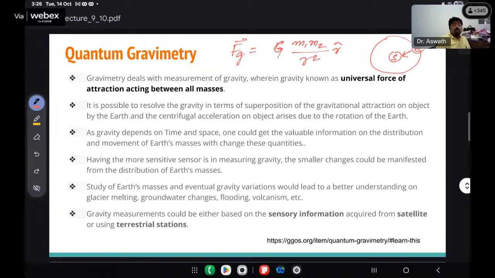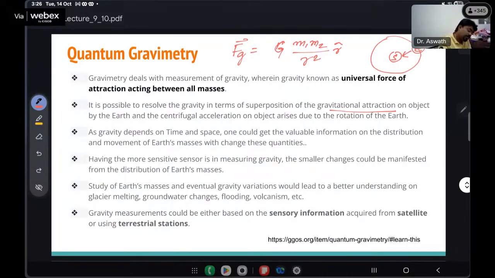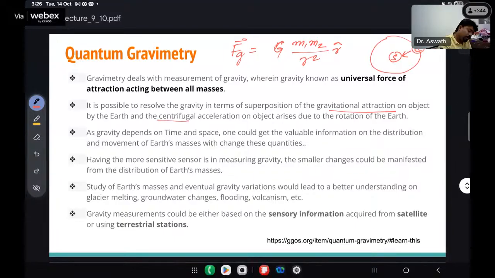So it is said I can resolve the universal gravitational force, or the gravity, into two components. One is gravitational attraction. Another one is centrifugal acceleration on the object. Centrifugal acceleration is the centrifugal force acting away, divided by mass.